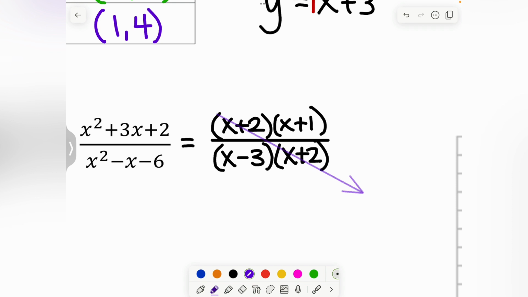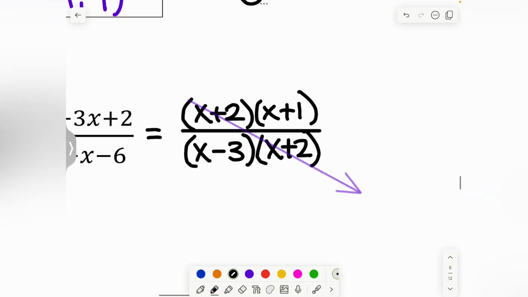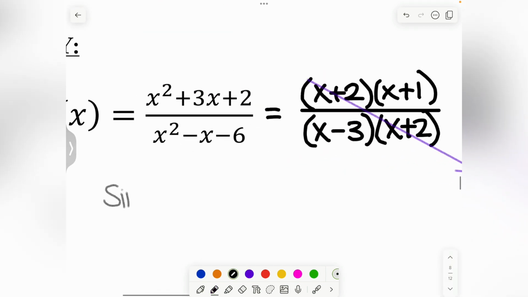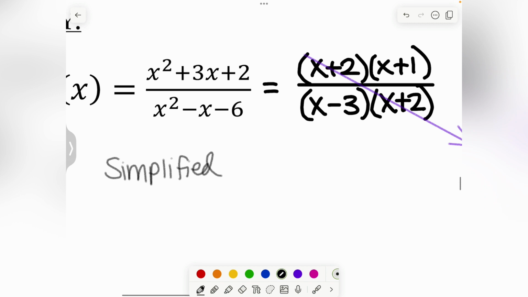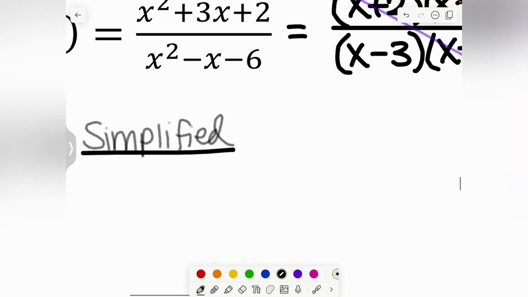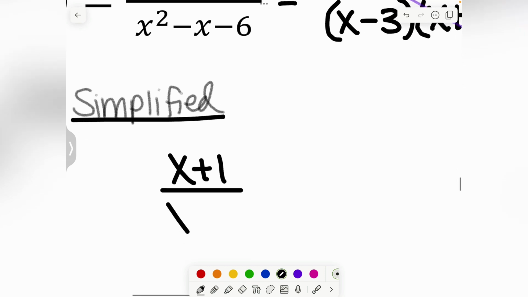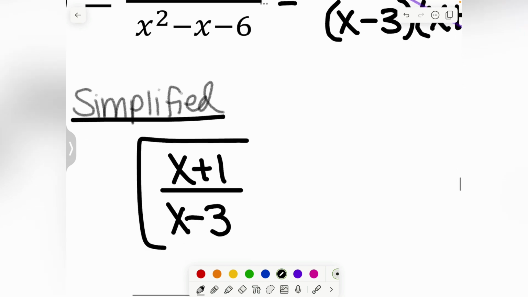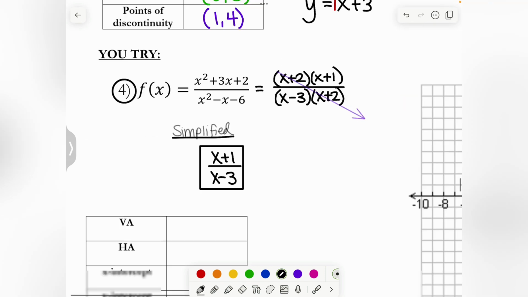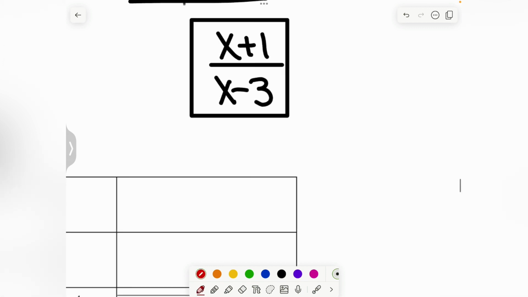We'll come back to that. The simplified graph is going to be x plus 1 over x minus 3. This is what I will graph. So vertical asymptote is x equals 3.